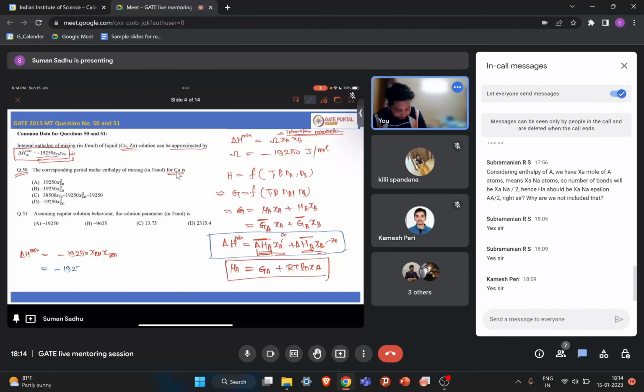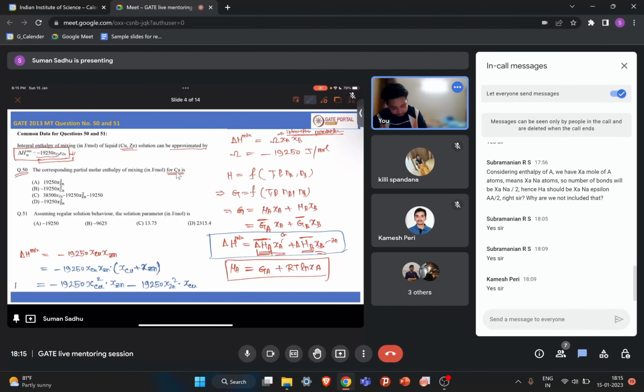So take 19250 x of copper, x of zinc, and multiply it by x of copper plus x of zinc. This is 1, so it doesn't matter if we multiply something by 1, it will be the same thing. Now if you rewrite the equation, we get 19250 x of copper square into x of Zn minus 19250 x of Zn square into x of copper.